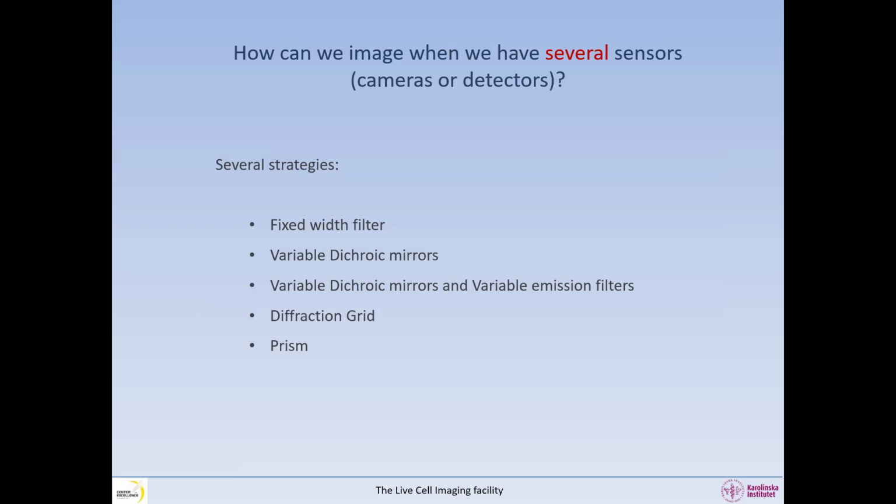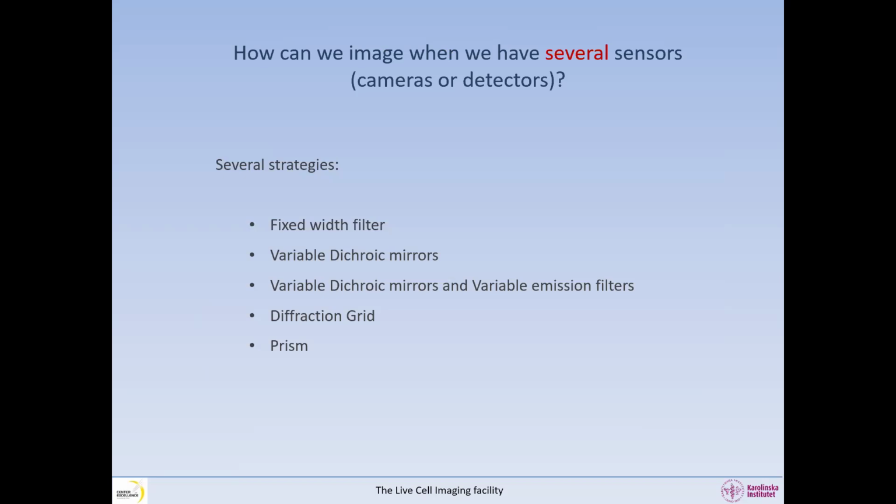So how can we image if we have several sensors? In this case, either several cameras or several detectors. So there are several strategies the microscope manufacturers came up with.